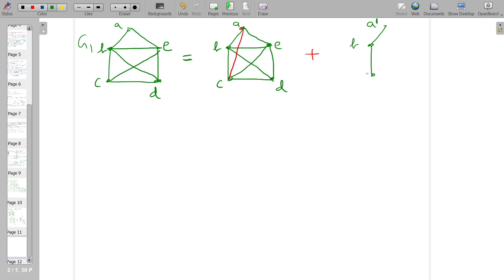B, I will have D, I will have E. A dash will be adjacent to E, B will be adjacent to E, and here C is adjacent to D, so naturally I will have this. Now this gets reduced to K4. This gets reduced to K4. So I know the chromatic polynomial of K4, so I will not have any problem. I need not extend this result, whereas here I have to extend it for this.